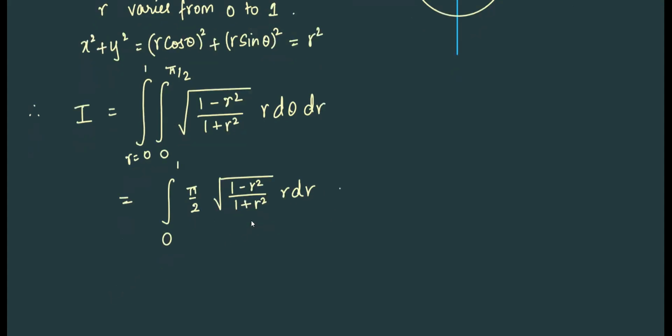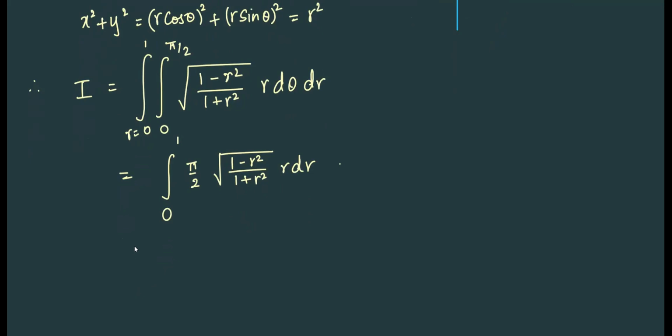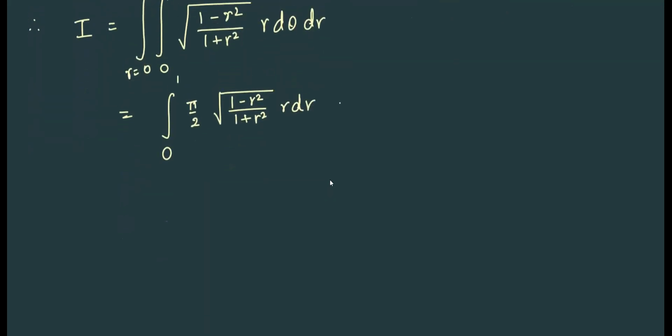How to integrate this? Substitute. Now I have to eliminate this under root, and I have this r dr. So r square, if I put t, I can put r square as t and r dr will be dt.